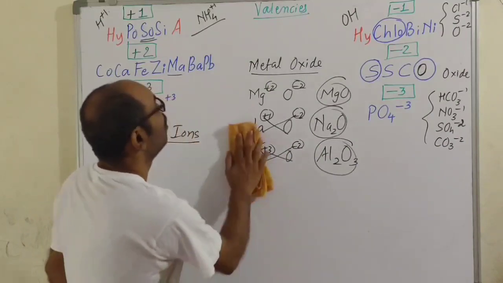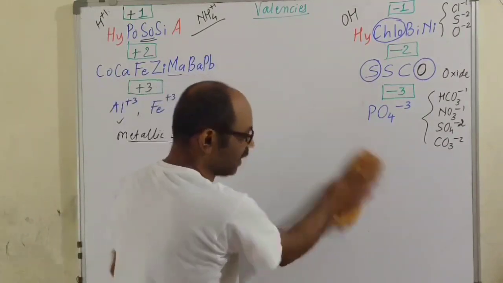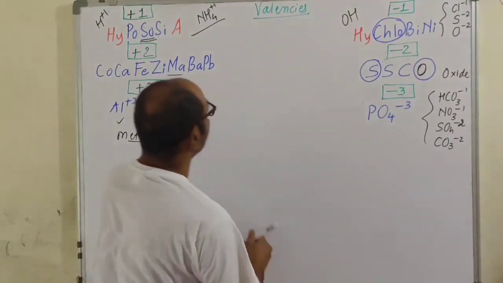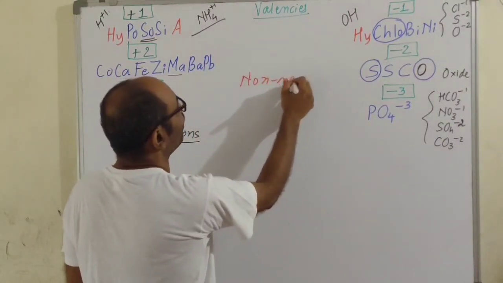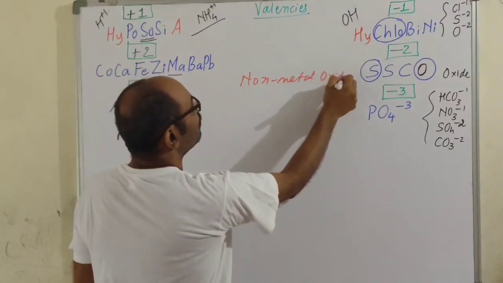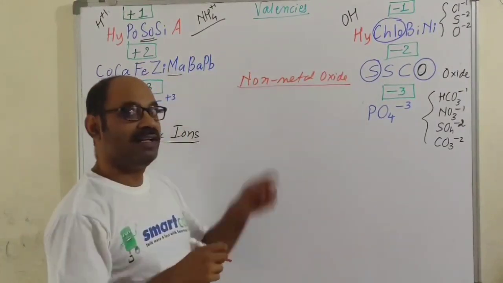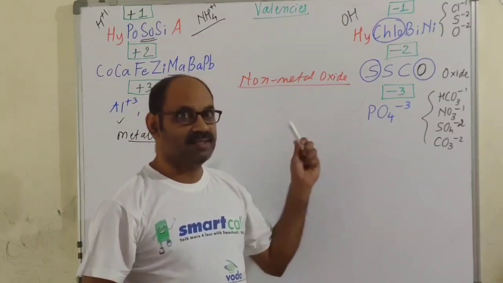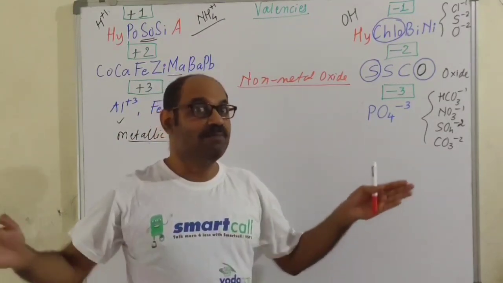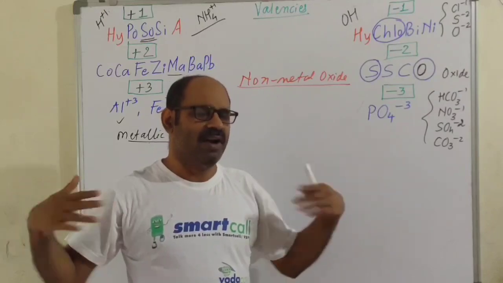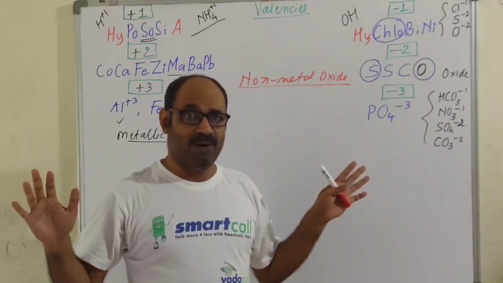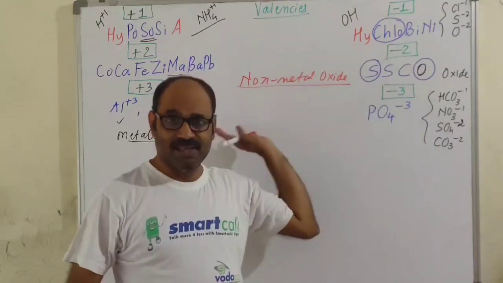Okay? Chalo. Now non-metal oxide. Let's see how to get the formula of non-metal oxide. Children, I hope after learning in the first session, you must have formed the formulas. 140, more than 100 chemical formulas you get from these valencies.